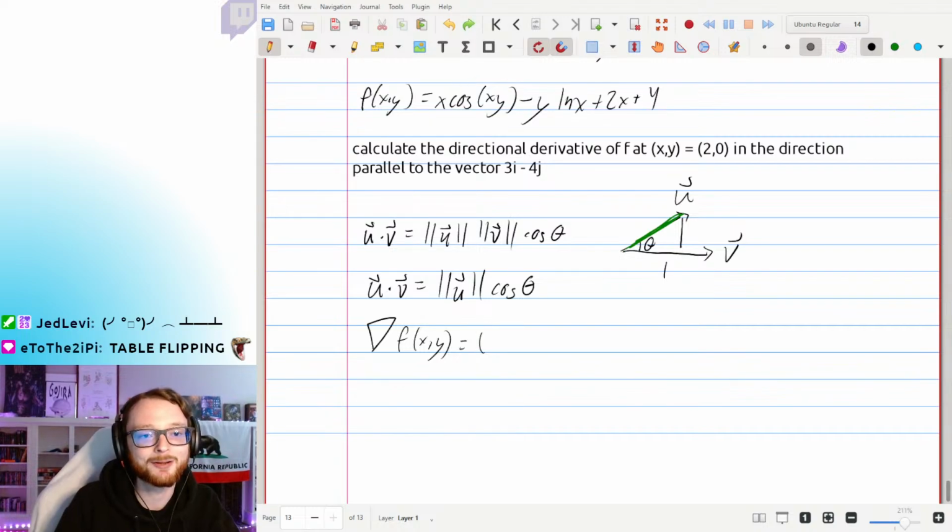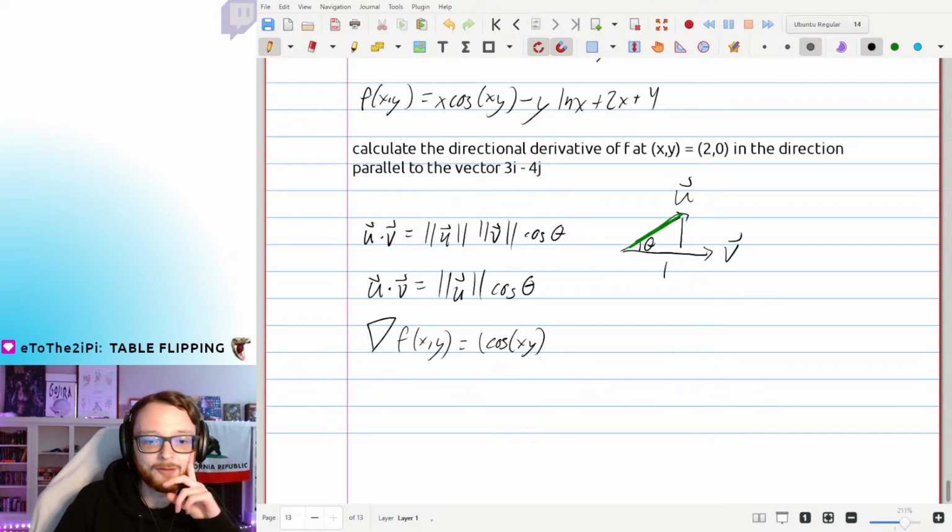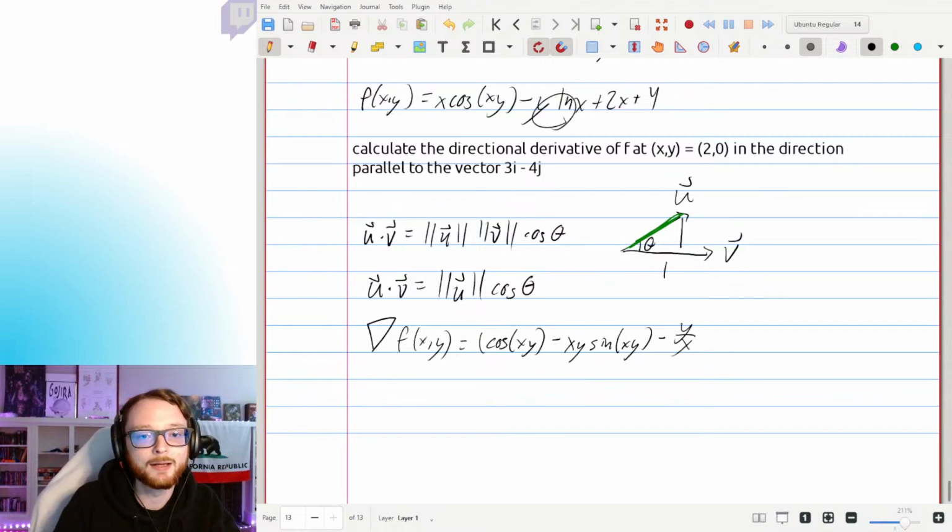We have a product rule there. Cosine goes to minus sine, and then because of chain rule, we'll get a y out front. Then minus y over x from the y ln x, and then the 2x becomes 2, and the 4 goes away.